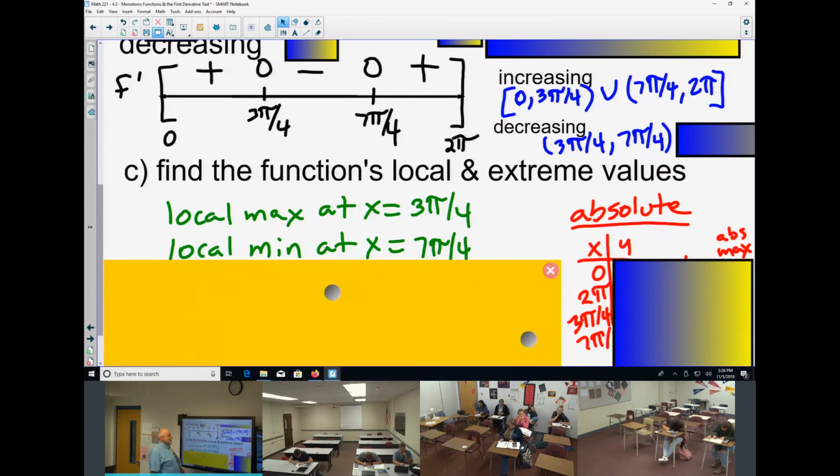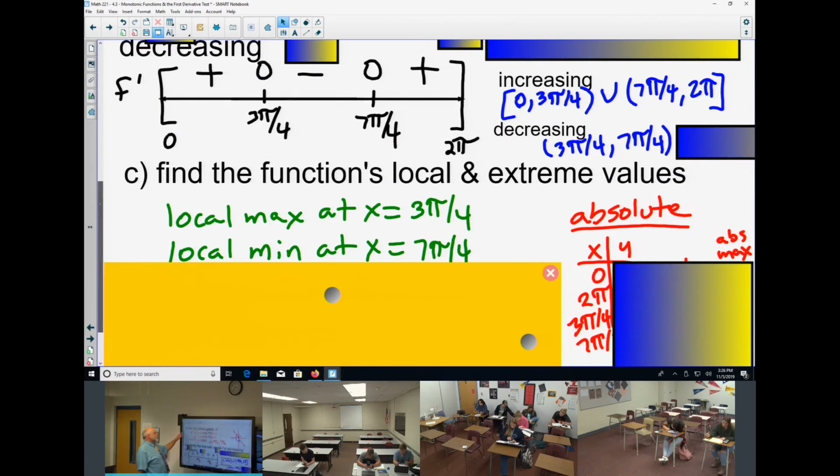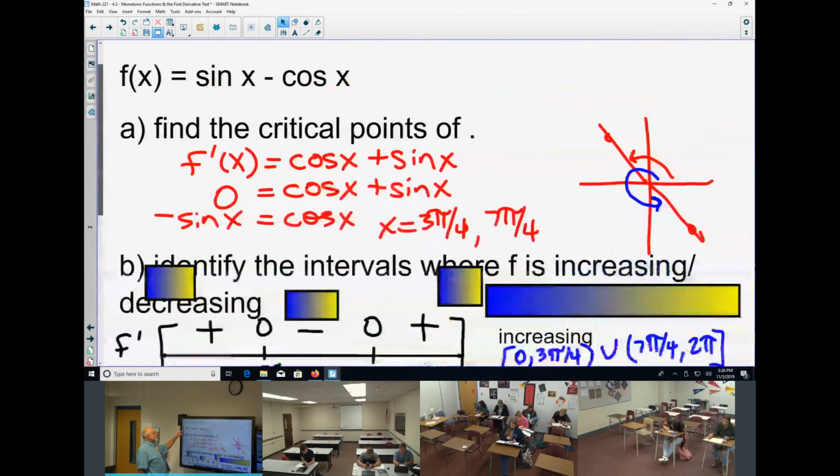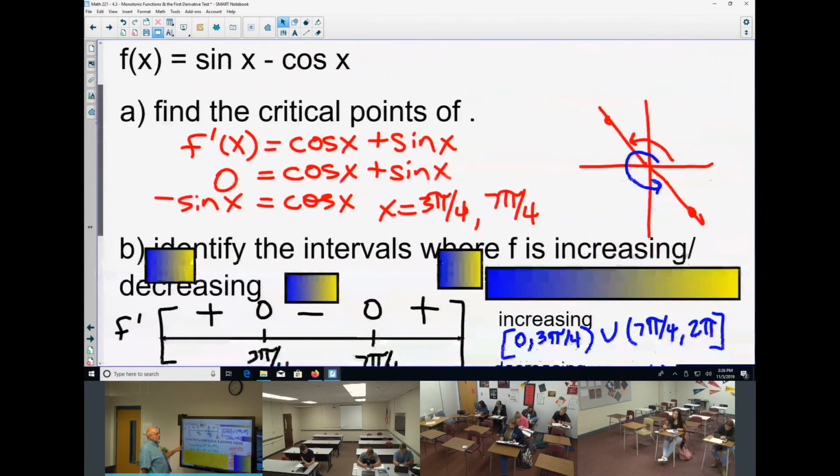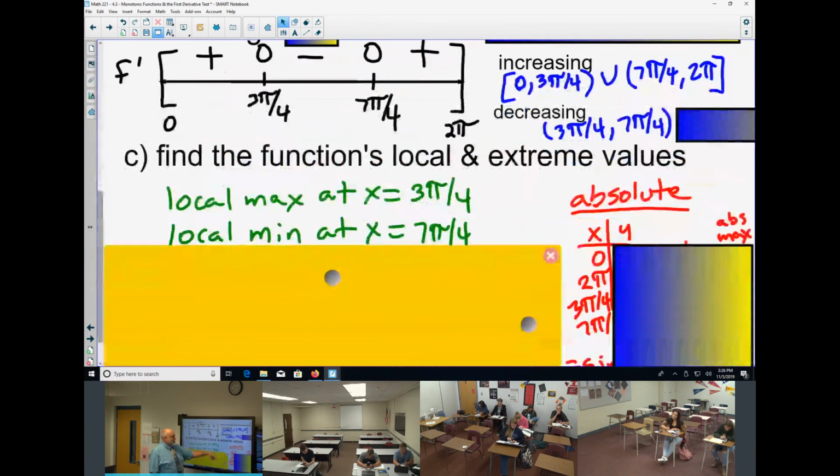And then what you have to do there is plug into the original function to do the absolute max and min. So this is going back to 4.1. So you test your endpoints and your critical points, and you plug into the original function, not the derivative, and then you figure out which of these y values is the highest and which of them is the lowest.